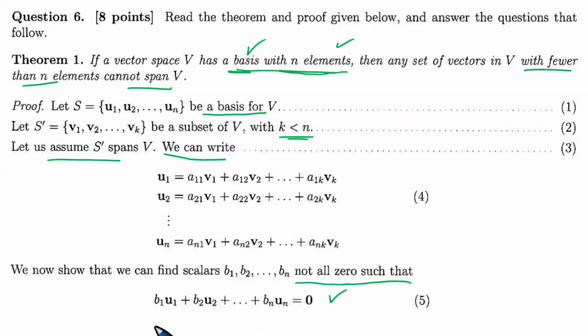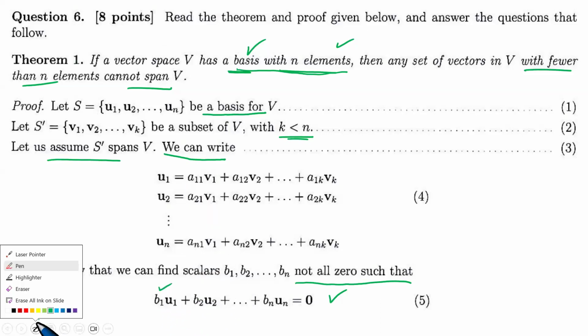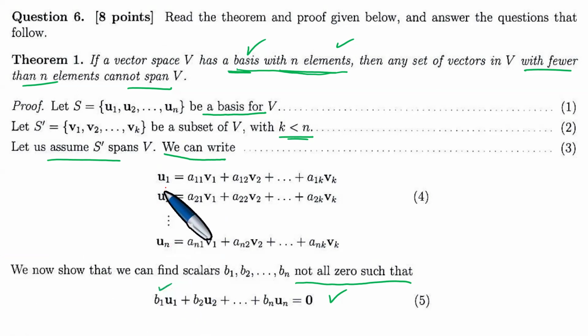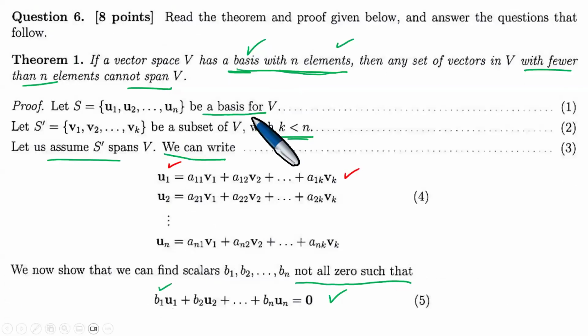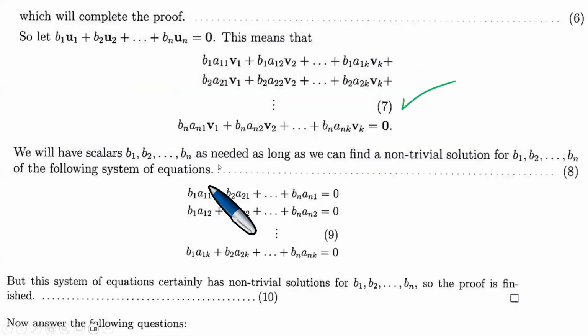It's coming from here, because now if you look at these, there's going to be B1, and if you have this B1, then you substitute all these. Okay, and this is like K terms. So if you substitute this, it's going to be B1 A11, and then B1 A12, B1, the last one, A1K, B2 A21, okay, and so on and so forth.